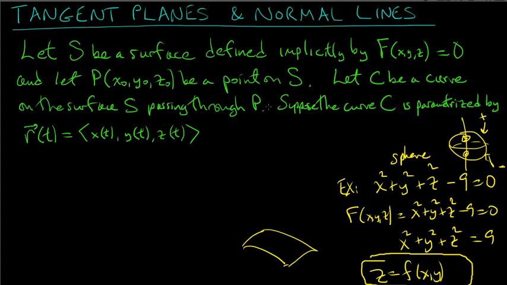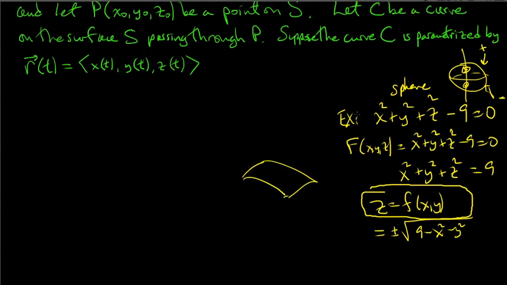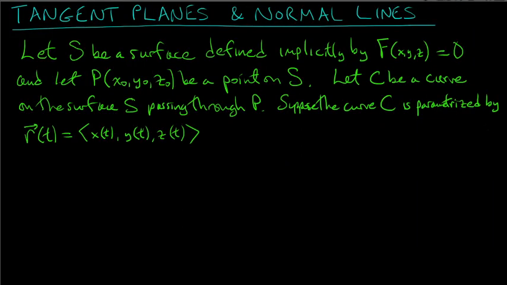And then you have a point on the surface and a curve. So let me get rid of all this and draw the surface properly here. Okay, so suppose we have our surface.